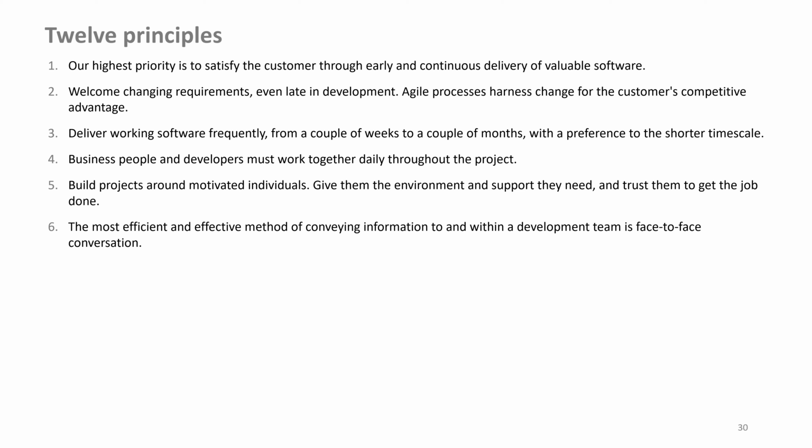The most efficient and effective method of conveying information to and within a development team is face-to-face conversation. Communication is more successful when development teams are co-located.